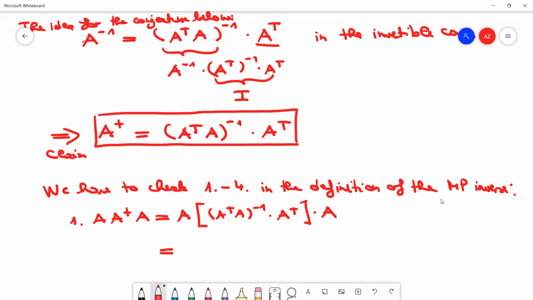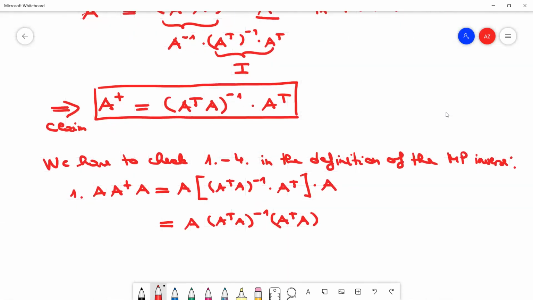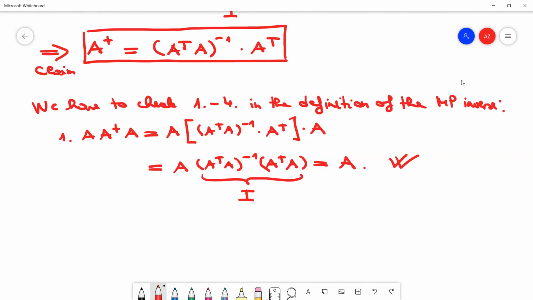And now I just get rid of the parentheses. It's A times (A transpose A) inverse times A transpose A. And if I join the last two matrices, I see that I get exactly identity here. So (A transpose A) inverse times A transpose A is identity. So what remains is A. So the first condition is okay. And then the second is analogous. You can do it yourself.